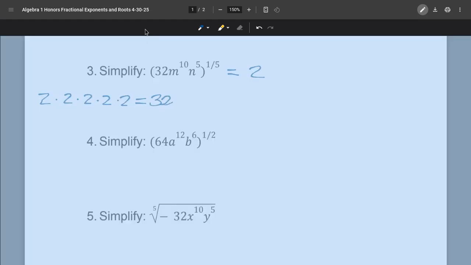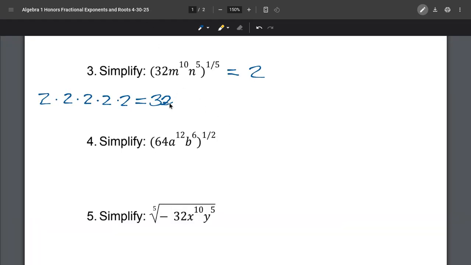The 5th root of m to the 10th power is m squared. And the 5th root of n to the 5th power is just n. So our solution here is 2m squared n.